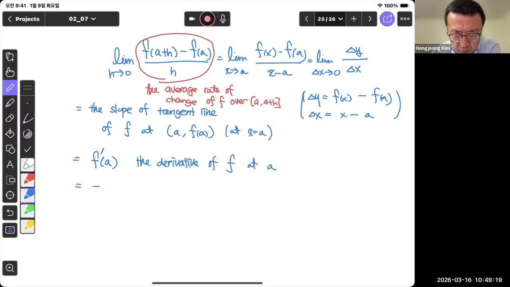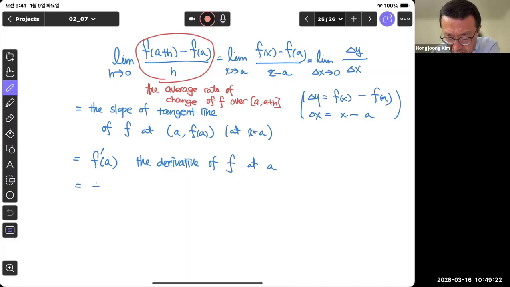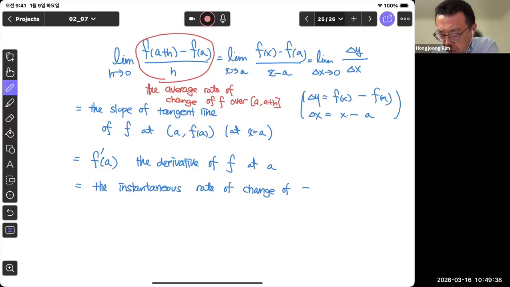Now we will call the limit value the instantaneous rate of change of this function at this point a. So the same limit value may represent the slope of the tangent line when we talk about the graph of a function.